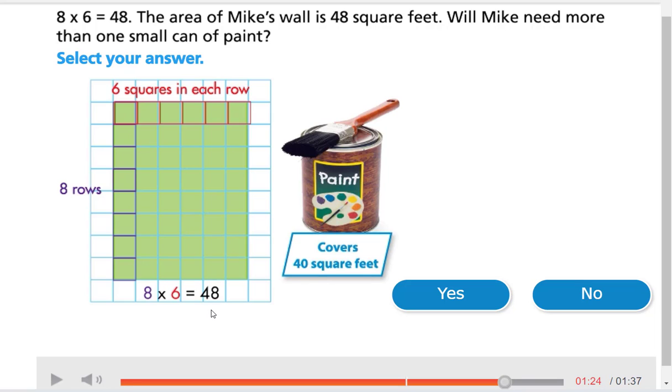So, will he need more than one small can of paint to cover this wall? Yes, of course, because the area of the wall is greater than the area that one can cover. Thank you, my hero. So I will choose yes.